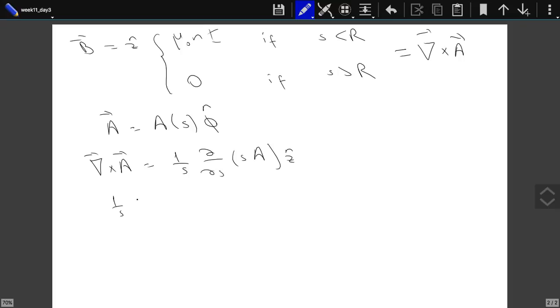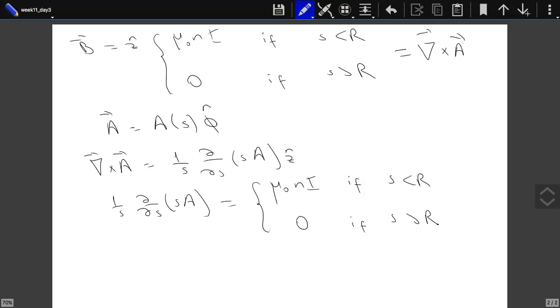And 1 over S del over del S of S times A should be equal to mu 0 n times I if S is less than R, and it is 0 if S is larger than R. These are my conditions.